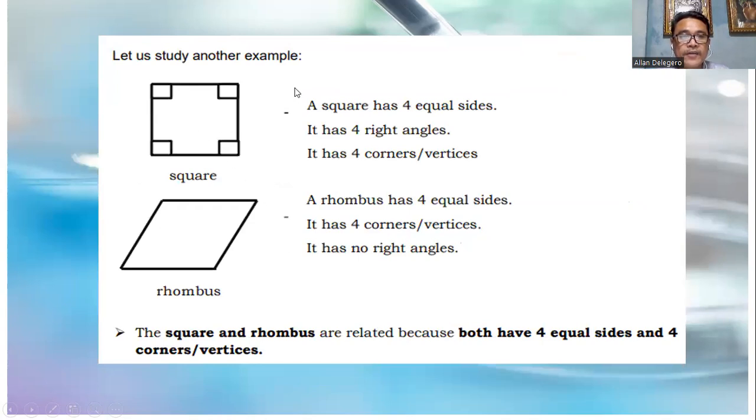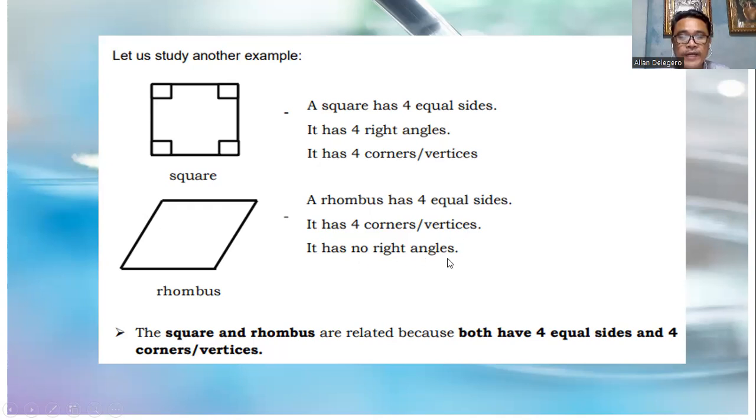Let us study another example, square and rhombus. Let us compare the characteristics of a square and rhombus. A square has 4 equal sides. It has 4 right angles. It has 4 corners, vertices. A rhombus has 4 equal sides. It has 4 corners, vertices.